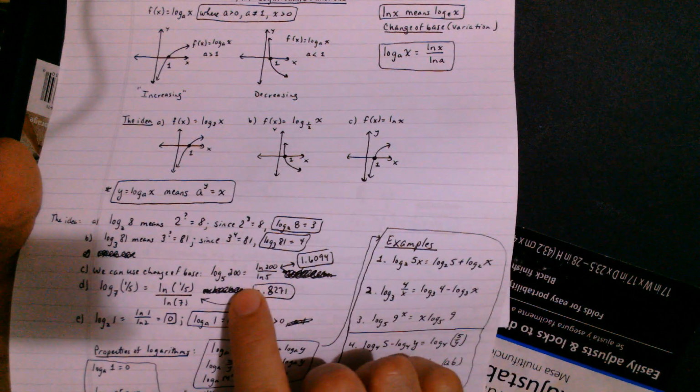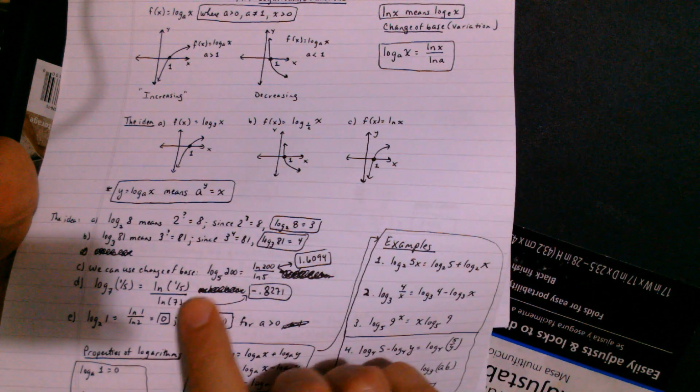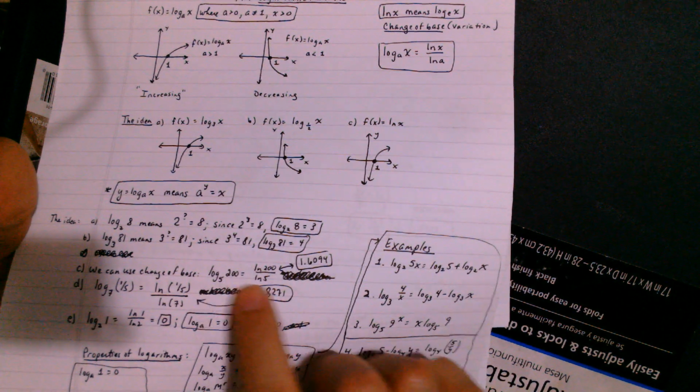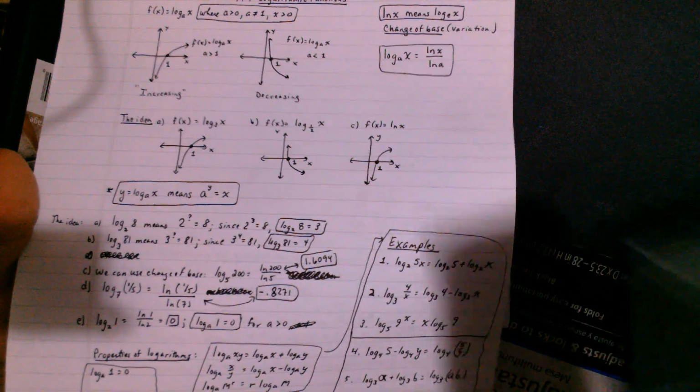And so there's a change of base formula where you can take the natural log of the number out here divided by the natural log of the base, assuming that they're all positive numbers that you're taking the logarithm of, because you can never take the logarithm of negatives.